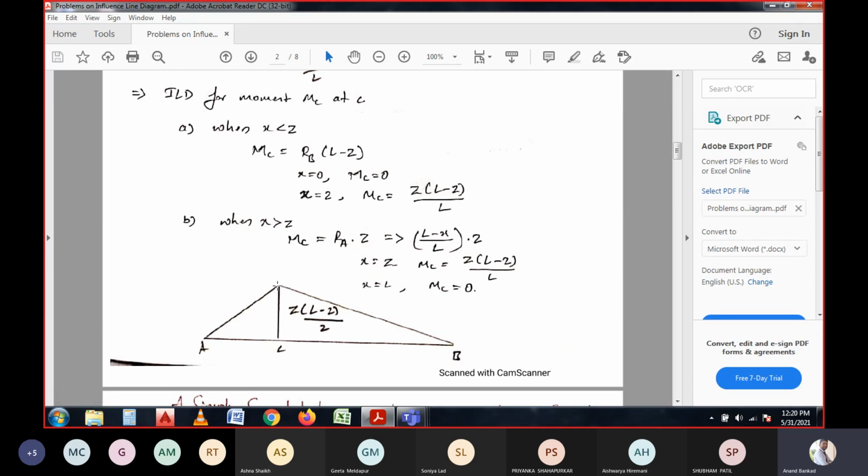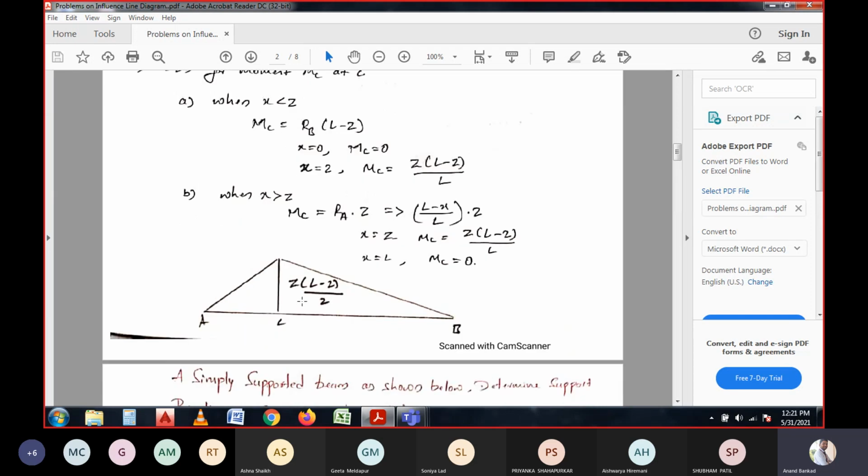And here we need to remember this formula: z into (L minus z) by L. This is the most important formula throughout the calculation of moments at any section on the beam. We already discussed how we calculated this.